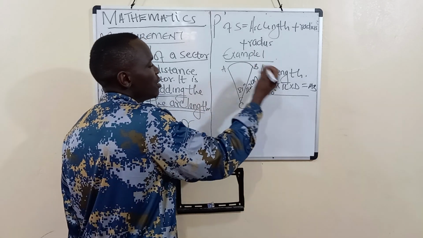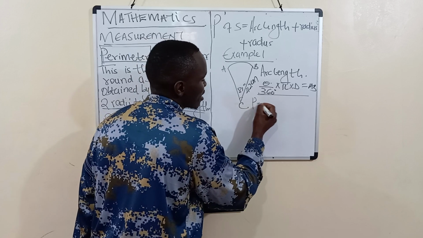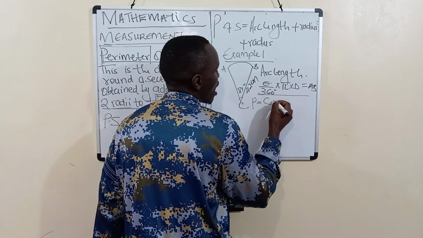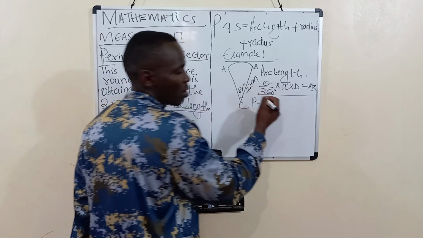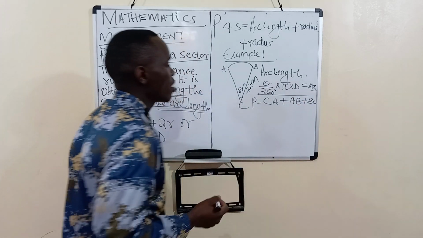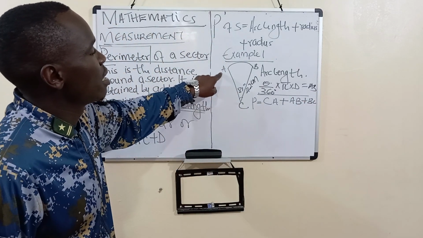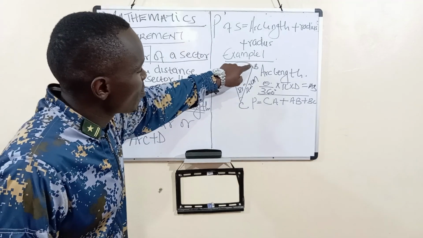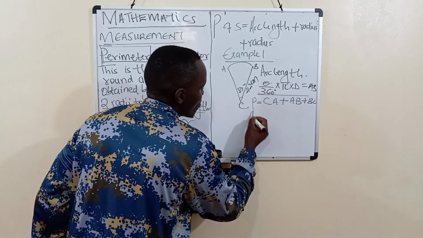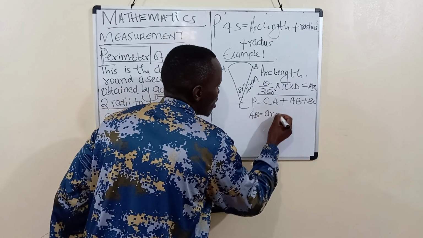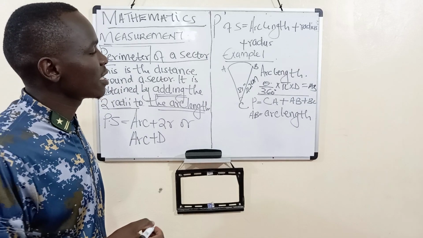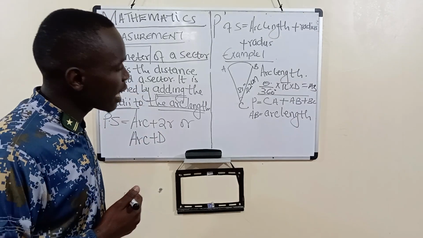So the perimeter of this sector will be given by CA plus AB plus BC. Now, distance AB is the arc length.